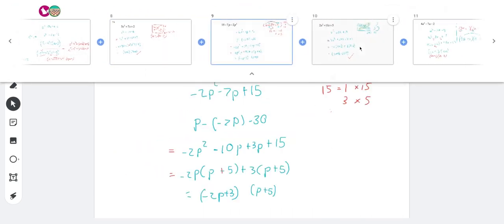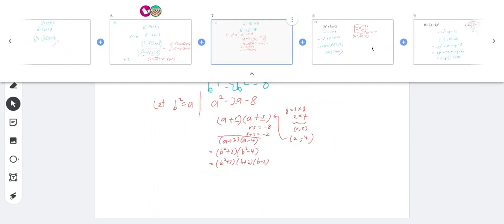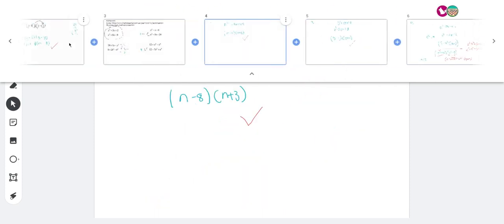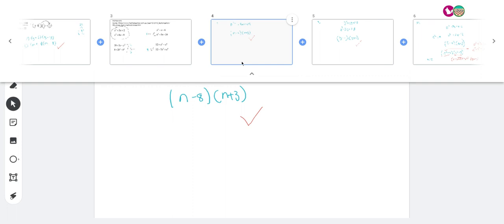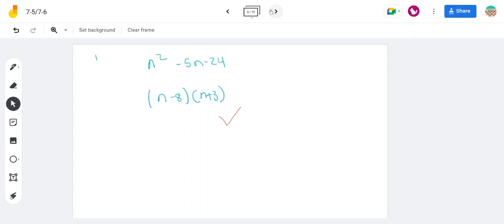Okay, so let me go back to slide number 4. So n minus 8, n plus 3. Yeah, this is true.